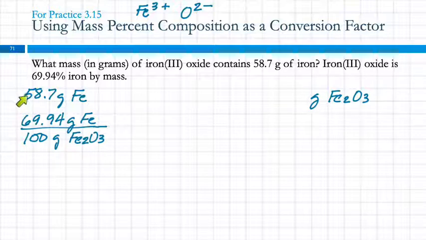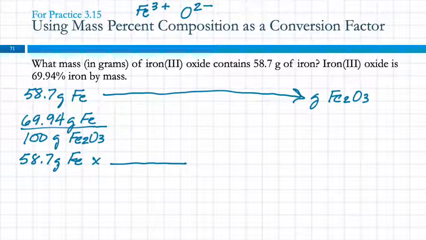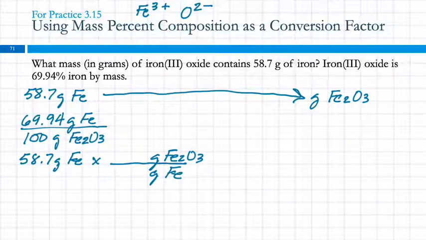So starting with this one, grams of iron, going to grams of iron oxide. Oh, look, this relates those two directly. I drew this way over here, but it's really one step. So 58.7 grams of iron, and I'm going to grams of Fe2O3, and I want grams of iron down here, so the units cancel out.